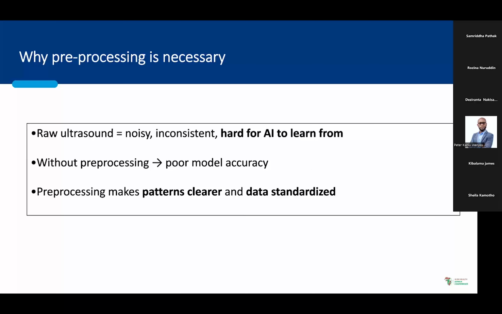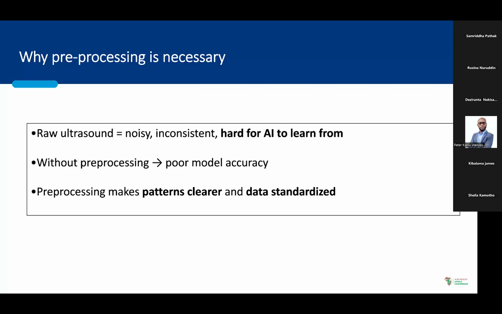Now let's start with why preprocessing is necessary. The raw ultrasound images that are acquired come from many devices. Some are handheld devices, some are costly devices, and the image quality often varies among devices, device settings, and the operator who takes them.